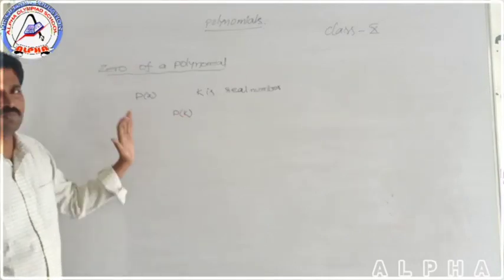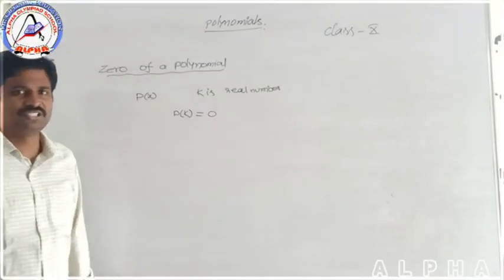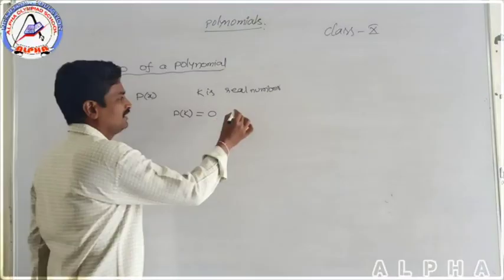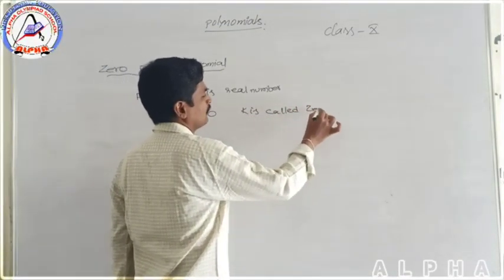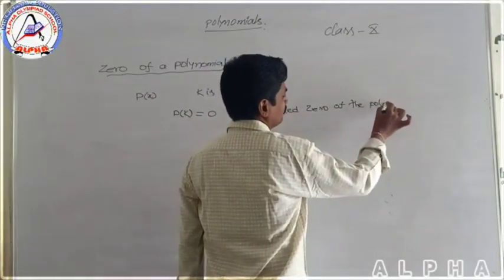We know it. That means the zero of the polynomial means p of k is equal to 0. If p of k is equal to 0, then k is called a zero of the polynomial.